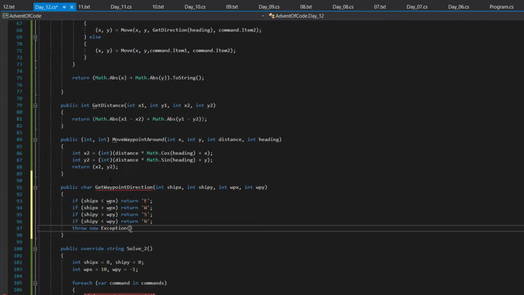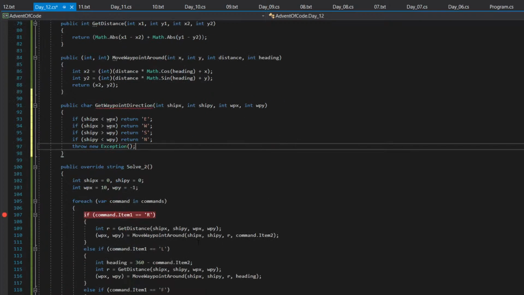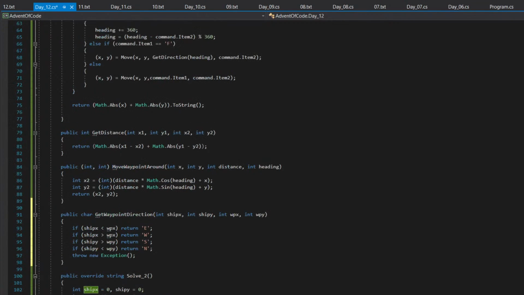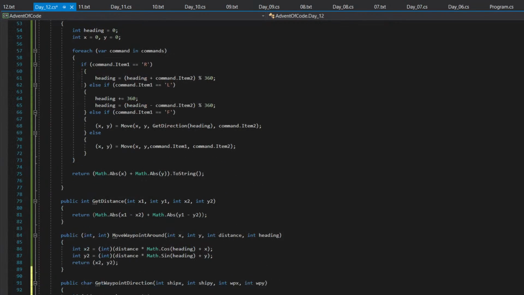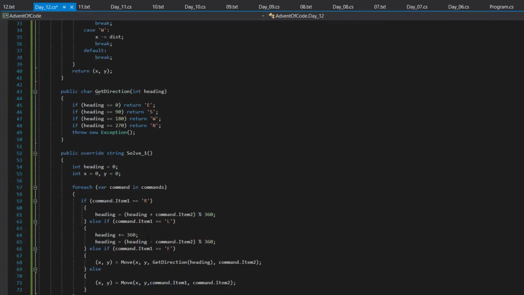All right, so if it's forward, we need to say, ooh, we need to do a double movement. Where was our function?